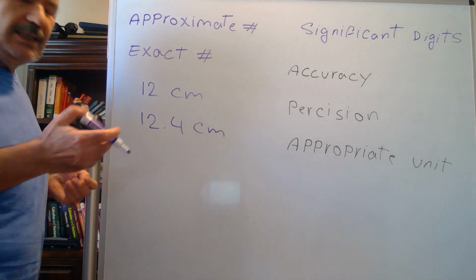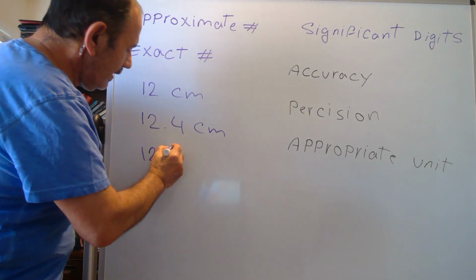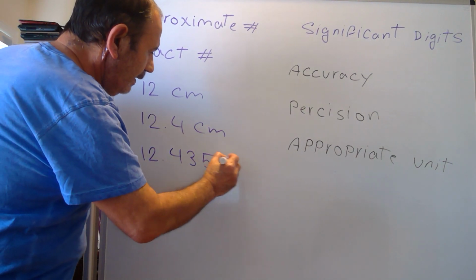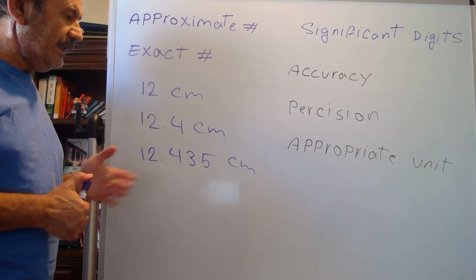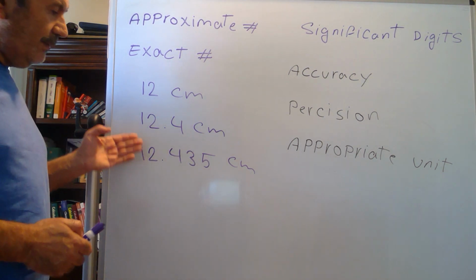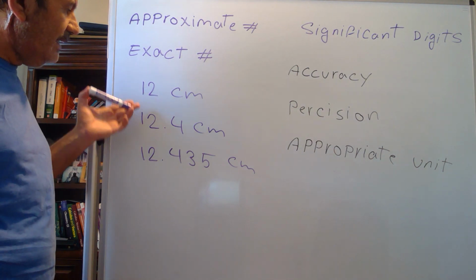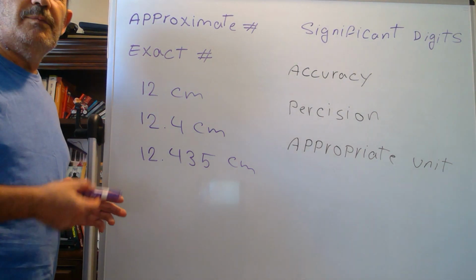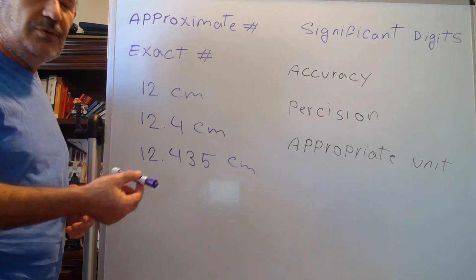Using the accurate device, maybe the length of this marker is going to be 12 and 435 thousandths of a centimeter. Can you see how the measurement of the length of this marker depends on how I'm going to measure it and what type of device I'm using.